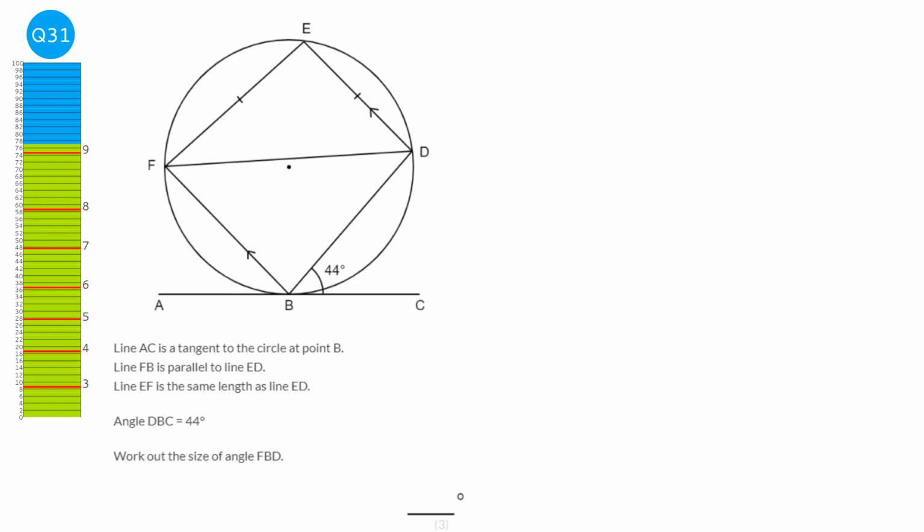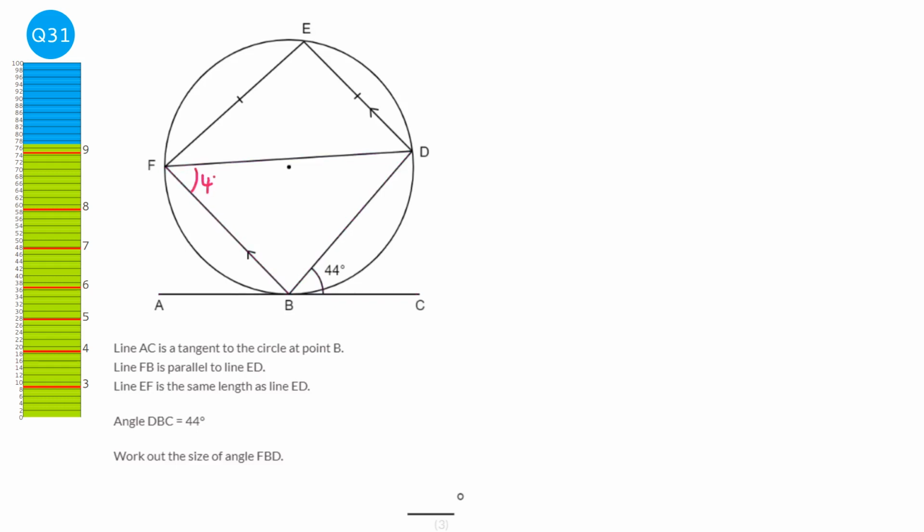So the first thing I notice with this question is that we have a lovely triangle coming off a tangent, and whenever we have that, the angle on the outside here is equal to the angle on the opposite side of the triangle. So this is going to be 44 here. I'm just going to remove all of that.